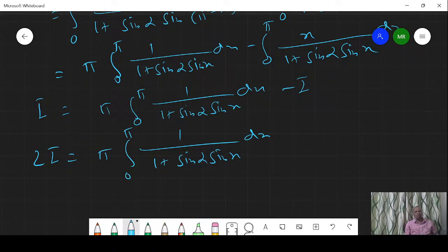Now in this problem, I can make a change here. This is important here, sine alpha sine x. The substitution here is important. What I am going to do for the substitution, you can see now.